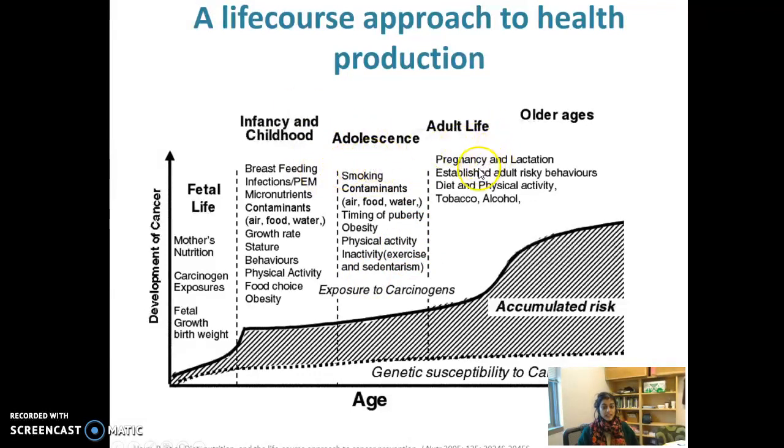And adult life, pregnancy and lactation. We all know our own adult risky behaviors that we do, whether we know or not what is right. We all have the risky behaviors. And so there's diet, physical activity again as an adult, tobacco, alcohol, ingestion of dangerous products, and then the older ages. So you see the accumulated risk is just growing and growing and growing.